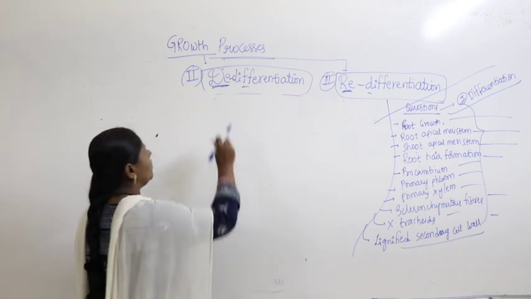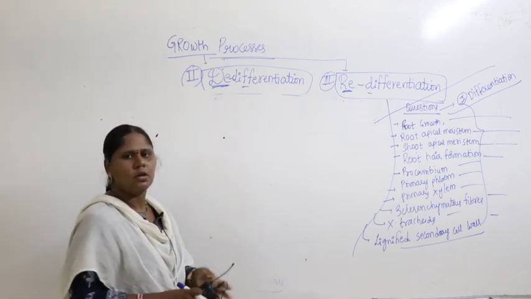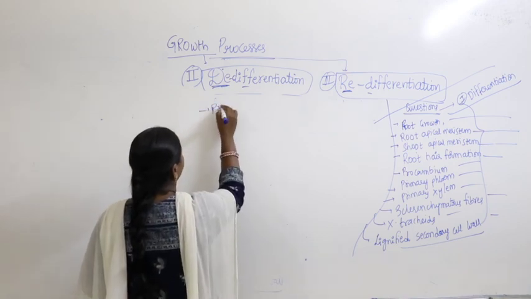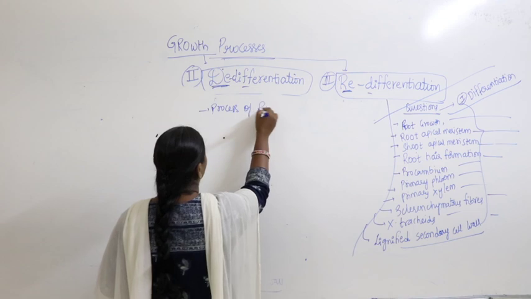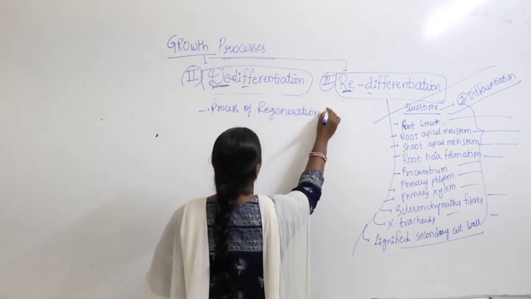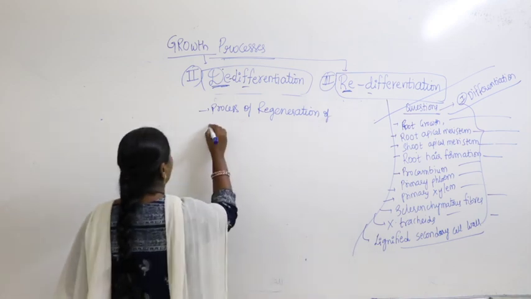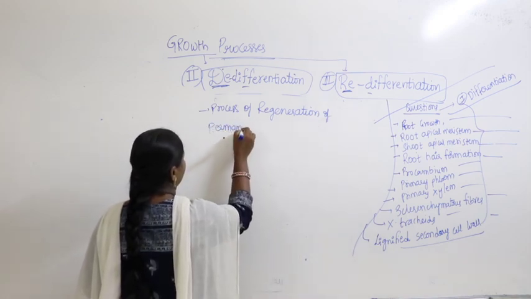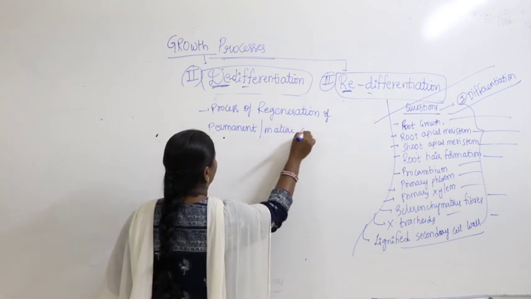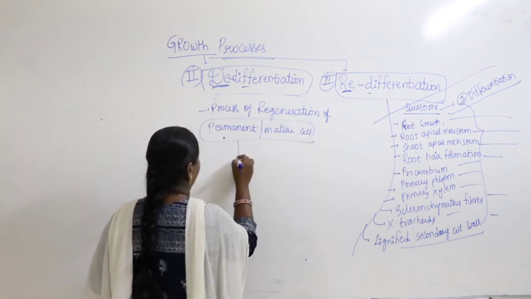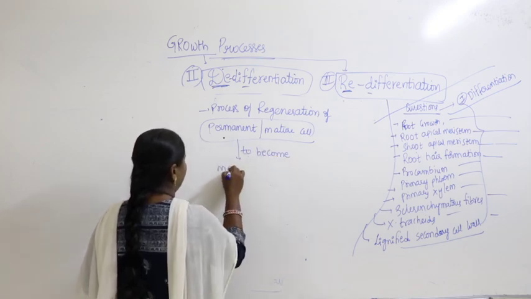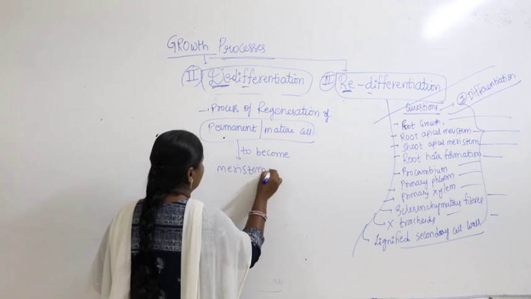Let us go with what is called de-differentiation. What is de-differentiation here? The process of regeneration of a permanent cell or a mature cell to become a meristematic cell.